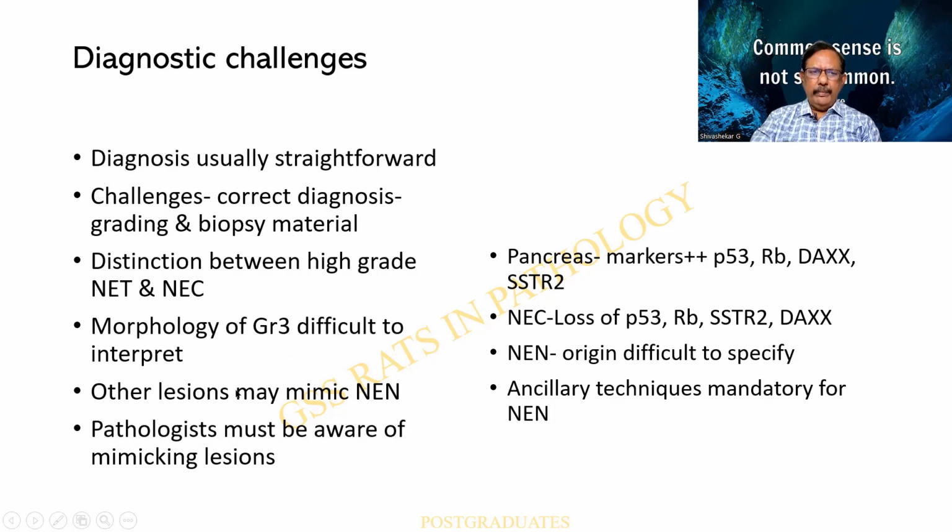Morphology is difficult to interpret. Other lesions may mimic, as we had seen earlier, and pathologists must be aware of mimicking lesions or collision lesions. And these are the various markers people should be aware of. Ancillary techniques are mandatory for NEN, neuroendocrine neoplasia.